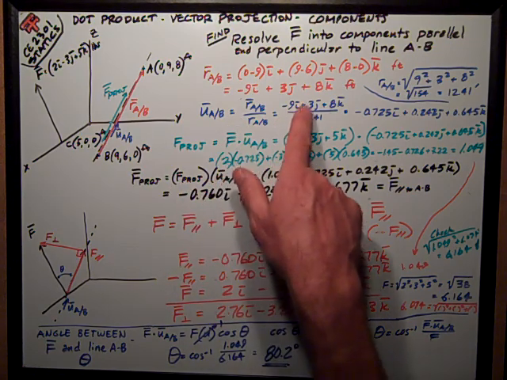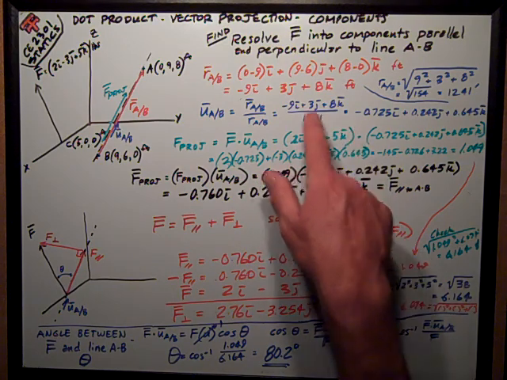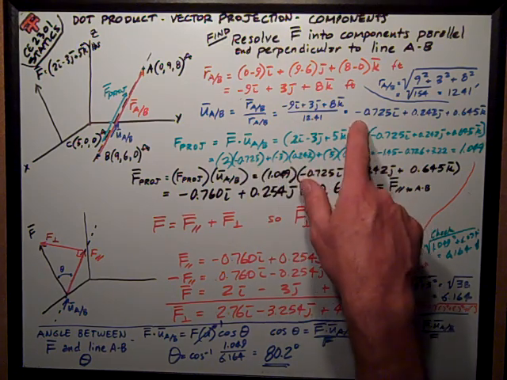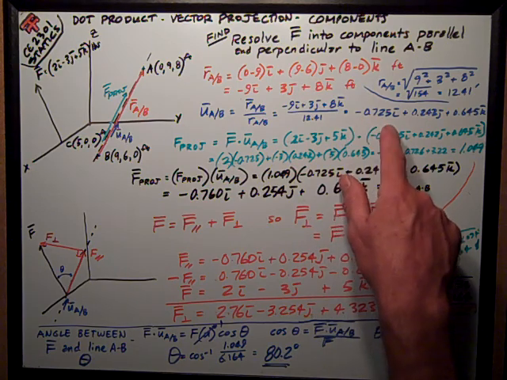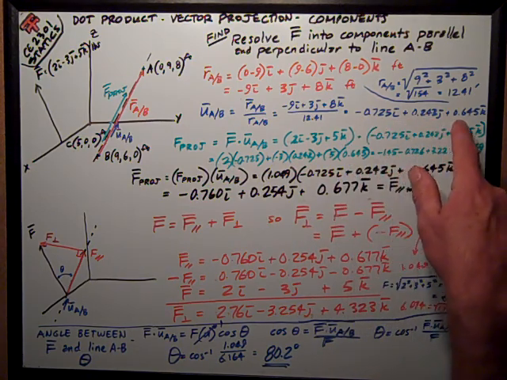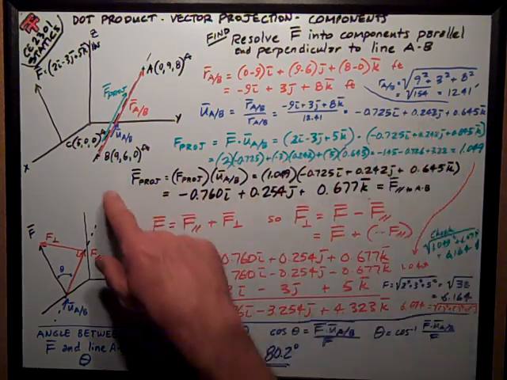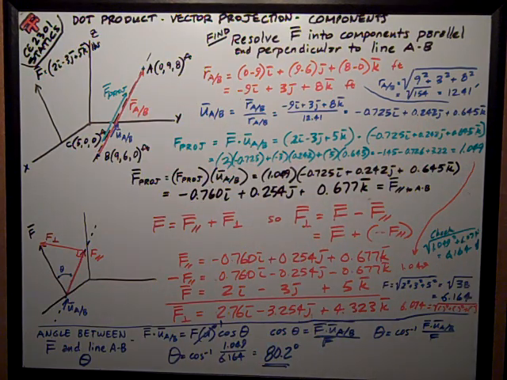Negative 9i, 3j, 8k, divided by 12.41. Doing all the math, I get negative 0.725i plus 0.242j plus 0.645k. Now, that is a unit vector in the direction of line AB.